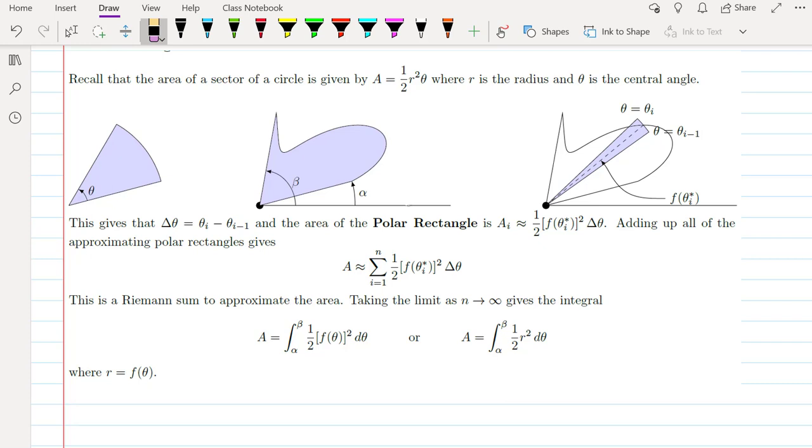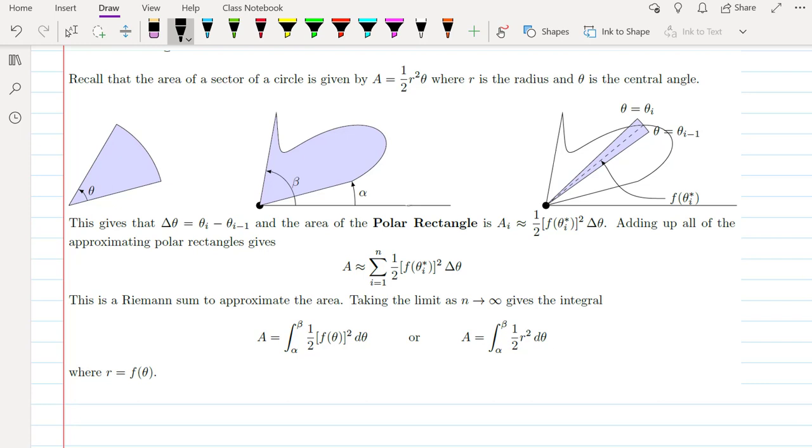So imagine we have these little sectors of a circle like this, where we have our theta, and imagine now if we were to cover that entire region in these little sectors of a circle, we could then use our area formula up here to set up a Riemann sum.